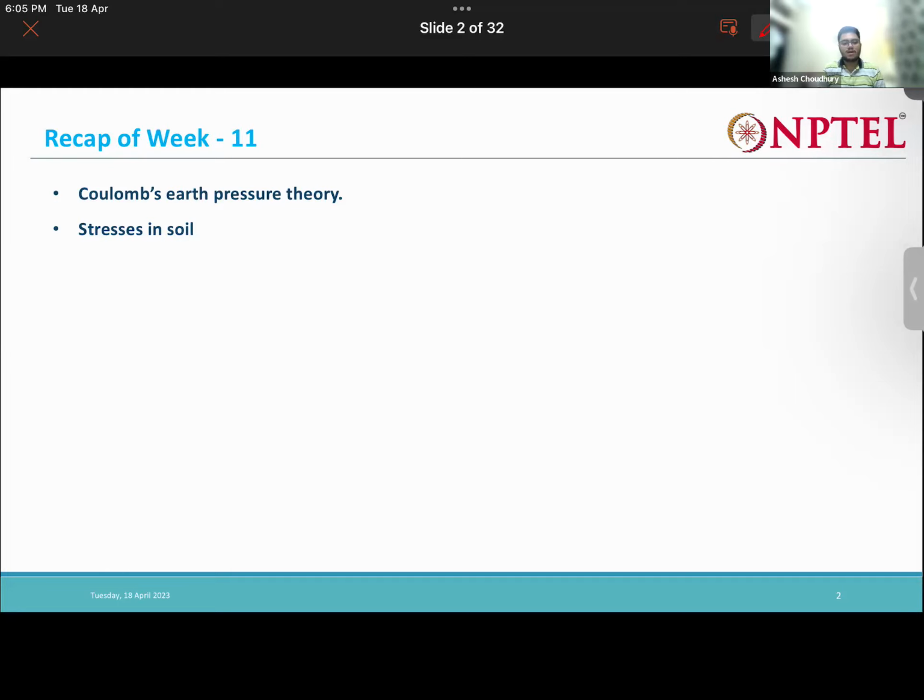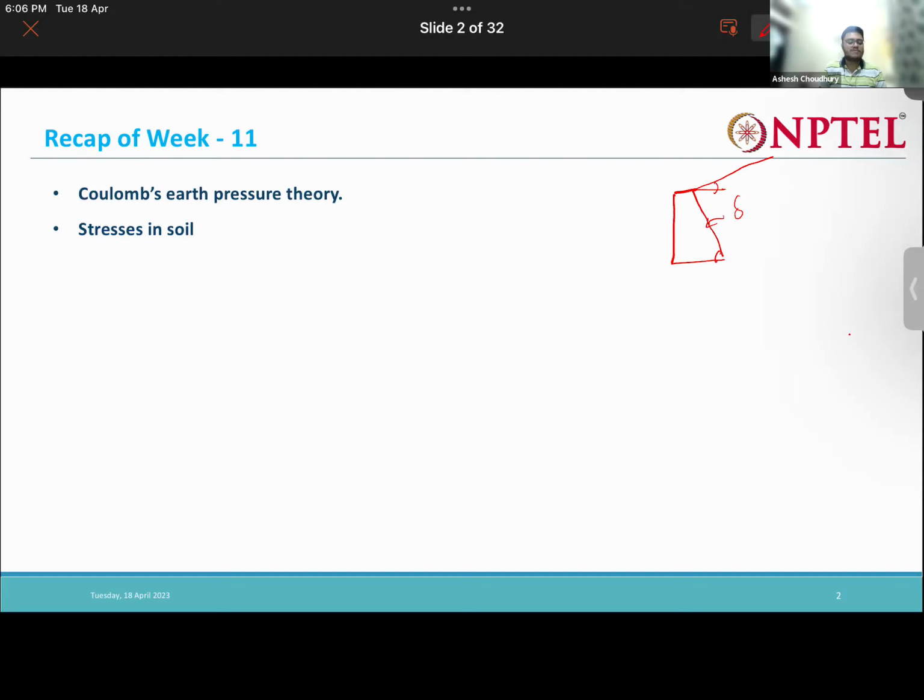So Coulomb modified that theory by introducing various factors like the inclination of the retaining wall, the inclination of the backfill, and also friction between the soil and the wall. All these factors Coulomb introduced, and this gives us a more generalized theory.